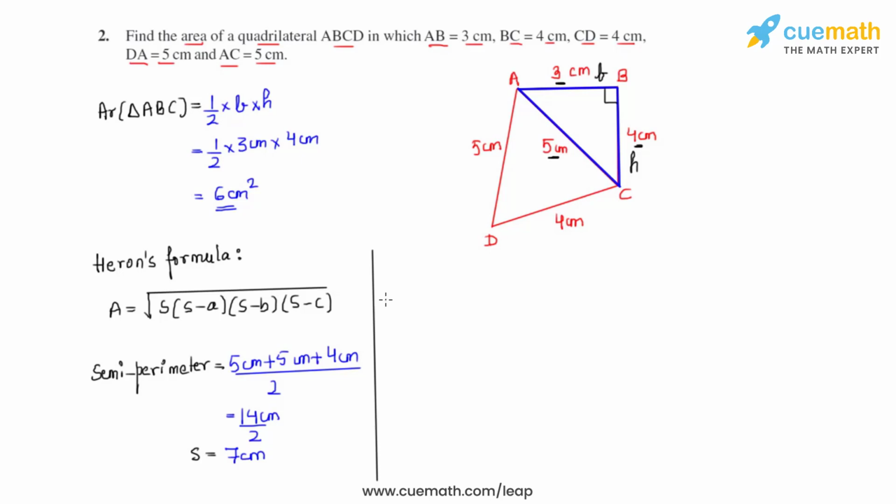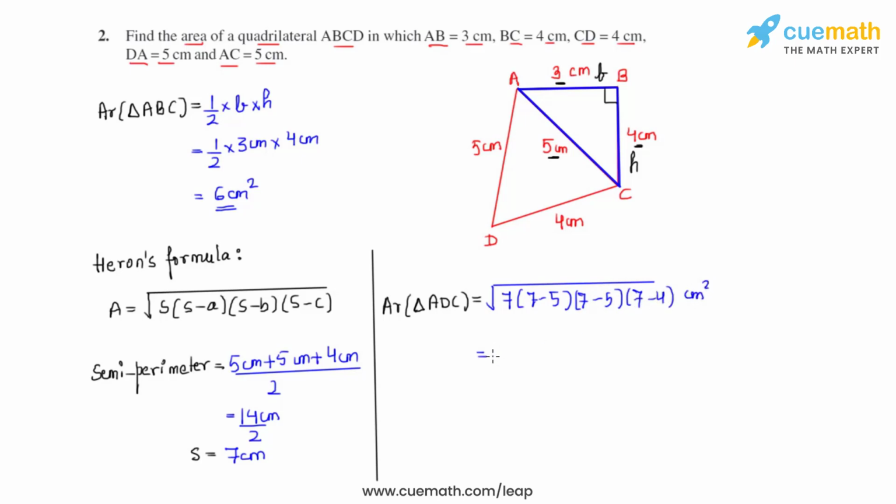So by Heron's formula, we can say that the area of triangle ADC will be equal to the square root of 7 times (7 minus 5) times (7 minus 5) times (7 minus 4) centimeter square.